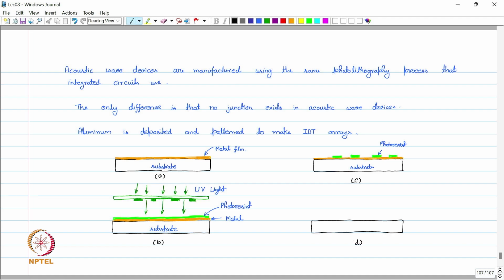So in this step D, we have this substrate, and our metal is patterned now.